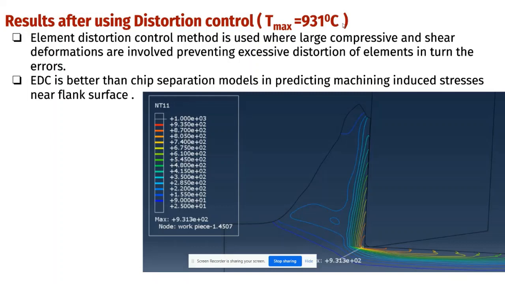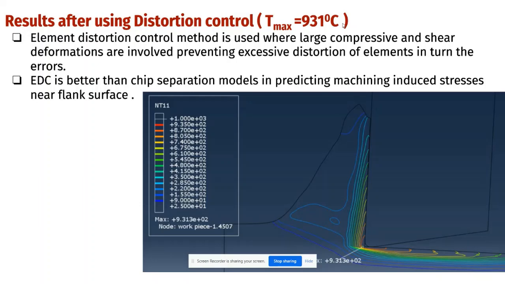Time increment is chosen by the software in the order of the time taken by the elastic wave of the material to travel through a single FEM element. Mesh quality at a given time matters in deciding this. So EDM improves the mesh quality, thereby reducing the error and simulation time.